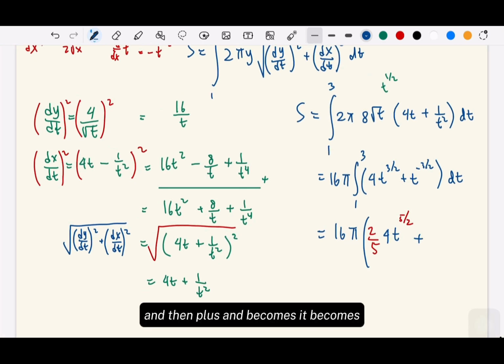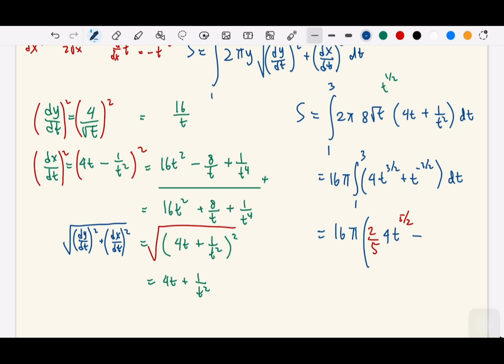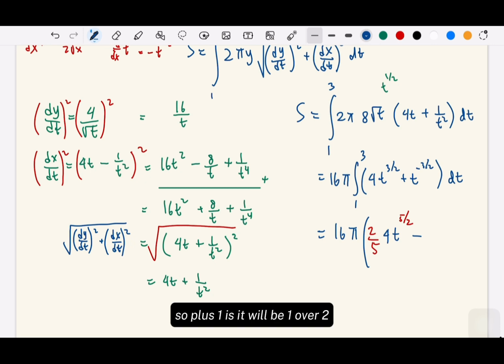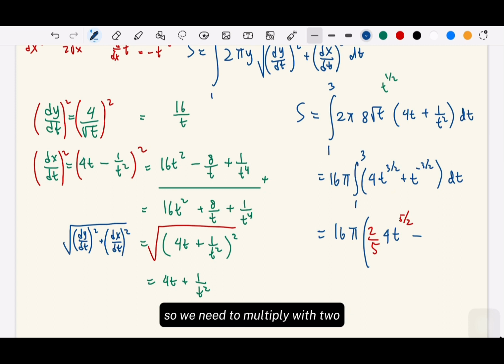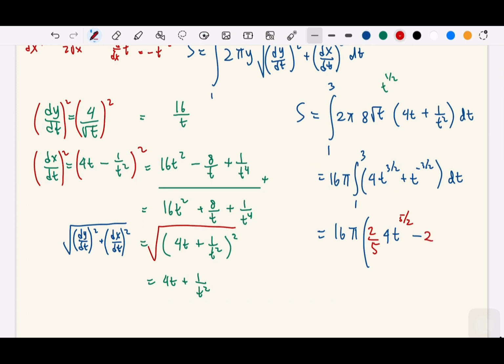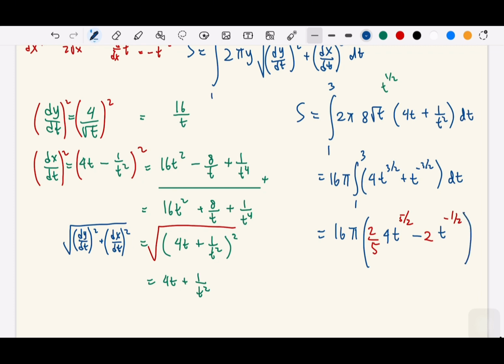And then plus, and it becomes minus, right? So plus 1 is, it will be 1 over 2. So we need to multiply with 2, and then t, and then this will be negative 1 over 2, okay? And then plug in 1, 2, 3.